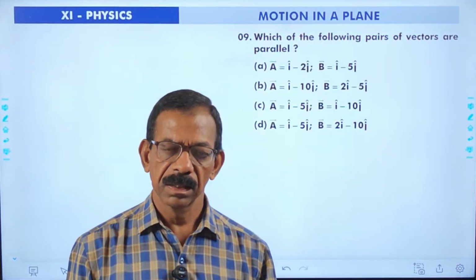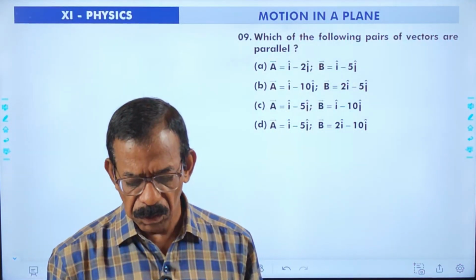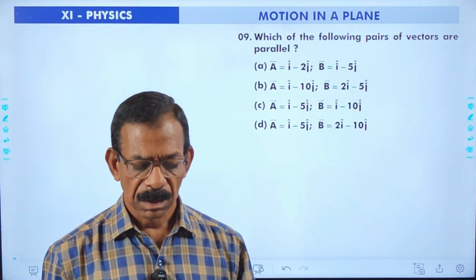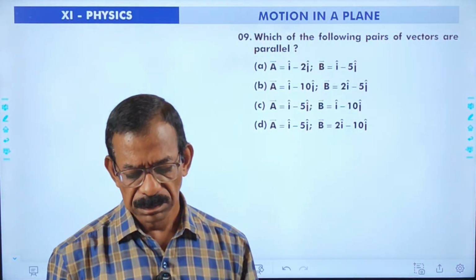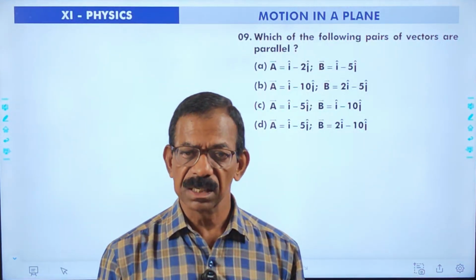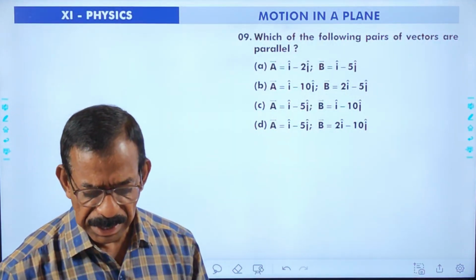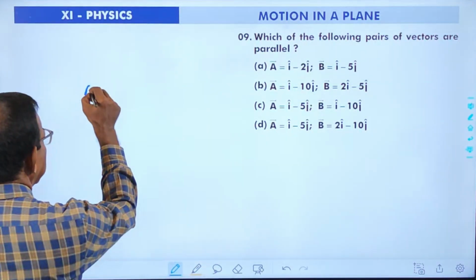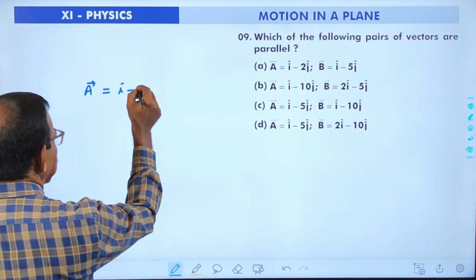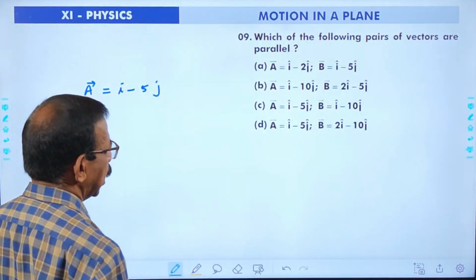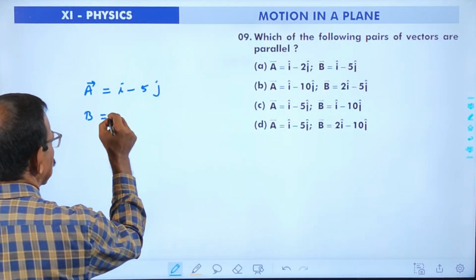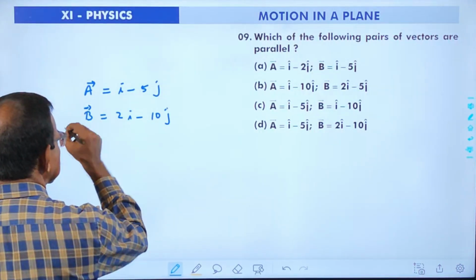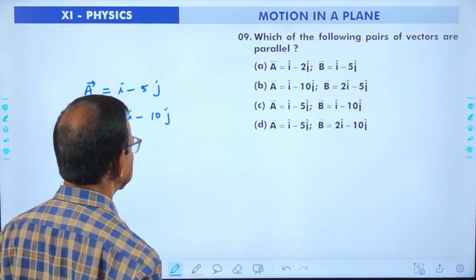Now, question number 9. Which of the following pairs of vectors are parallel? Four options are given. I may represent like this. We have the D option: A equals i minus 5j and B equals 2i minus 10j, which are parallel.